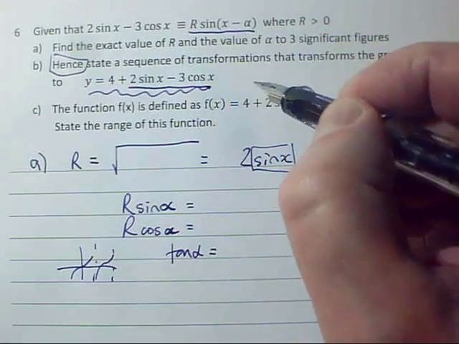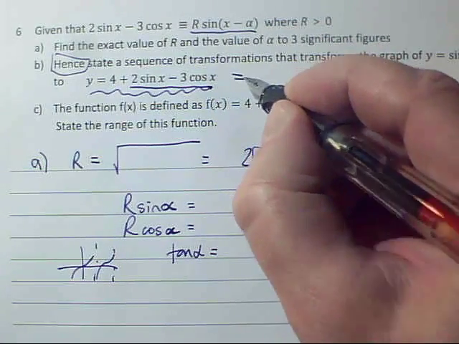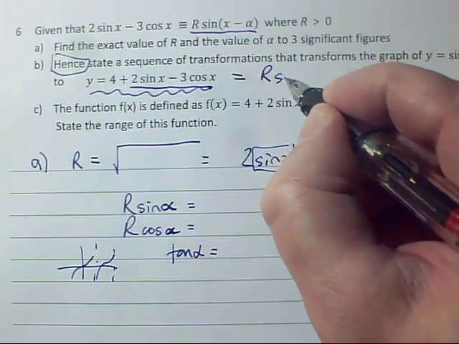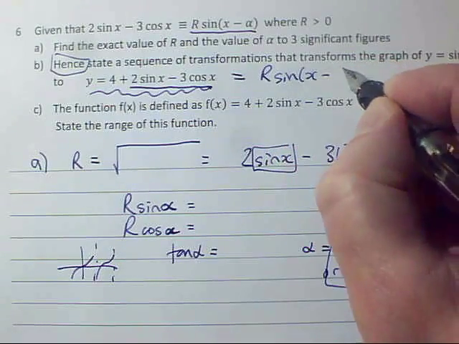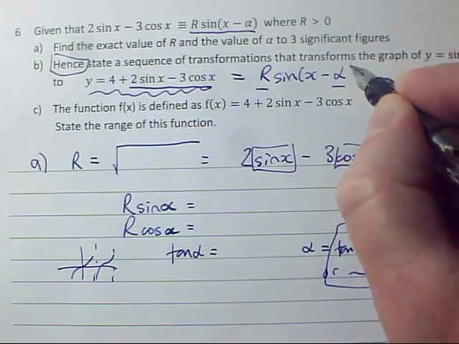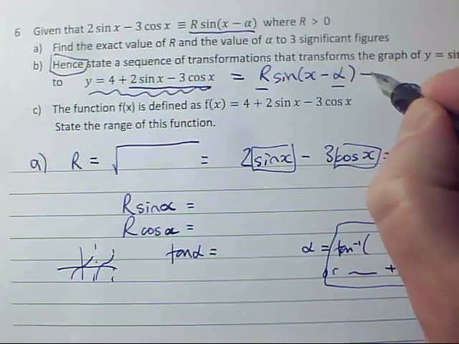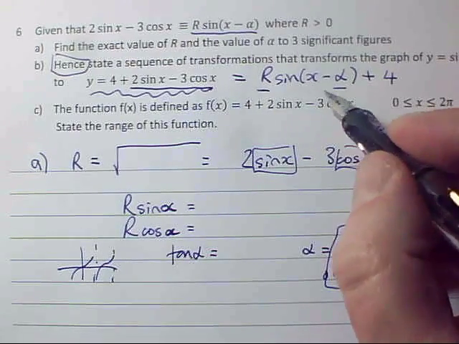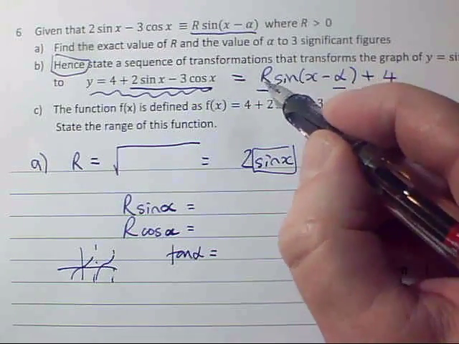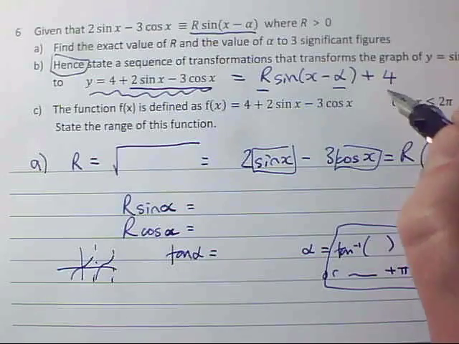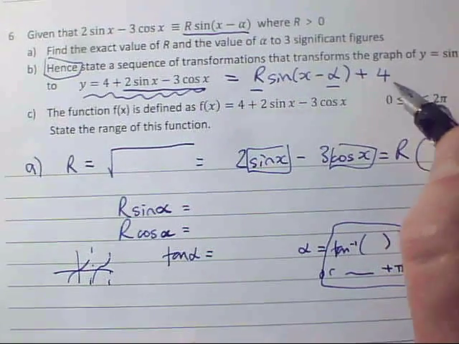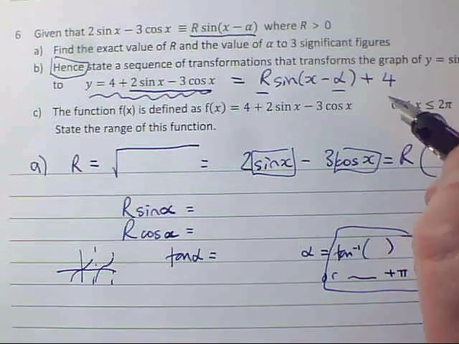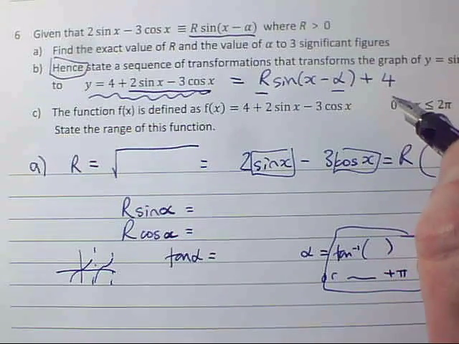Now you'll have the values of R and alpha, so your y will be R times sine of (x minus alpha), replaced by numbers. And then the other bit we've got is a plus 4, and we've got to do transformations. So we are taking away alpha inside, multiplying by R outside, adding on 4 outside, and you know how to turn all of those things into descriptions of transformations.